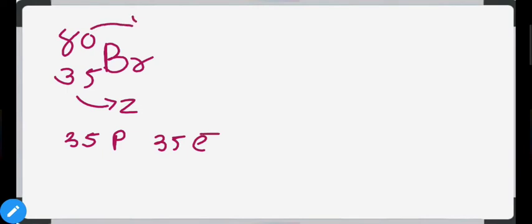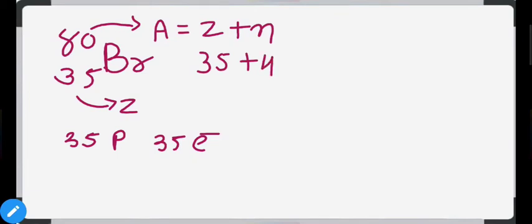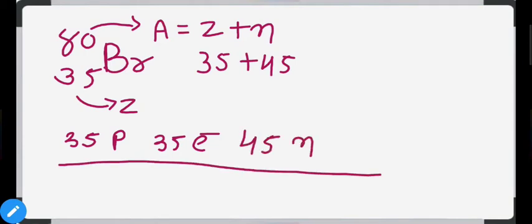Now 80 represents the mass number, so A is equal to Z plus N. Since Z is 35, the number of neutrons must be 45. So we have 35 protons, 35 electrons and 45 neutrons.